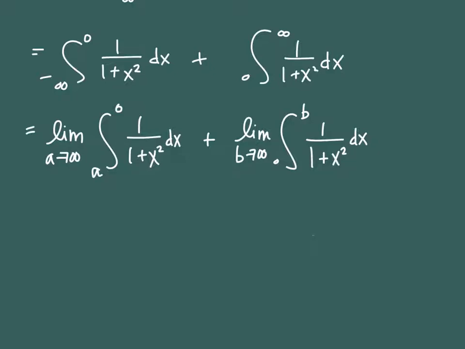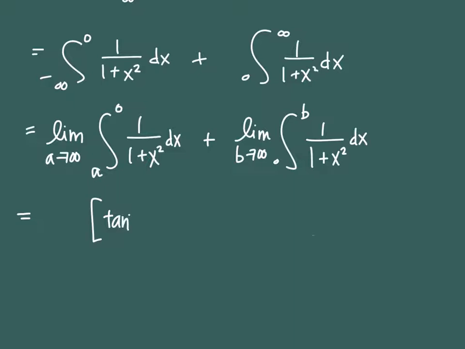Then we find the antiderivatives. All right, what is the antiderivative of 1 over 1 plus x squared? All of these are going to have perfect antiderivatives, or most of them do. So this one is tangent inverse.